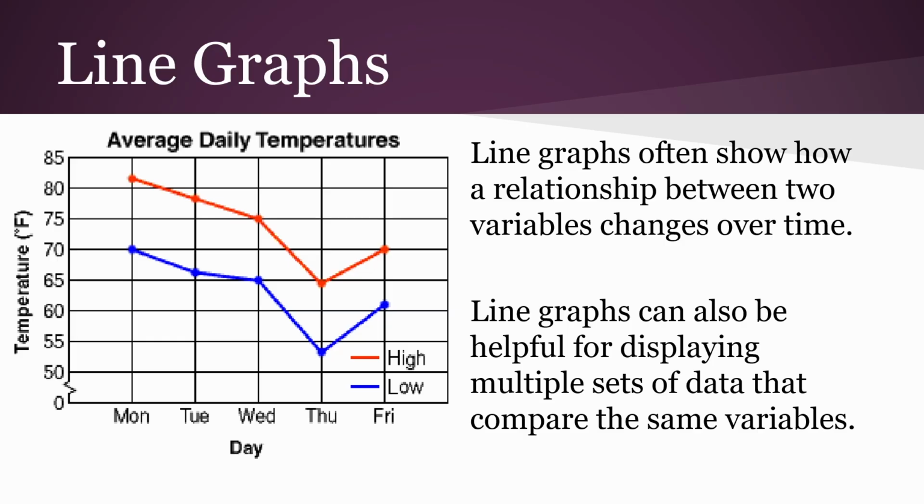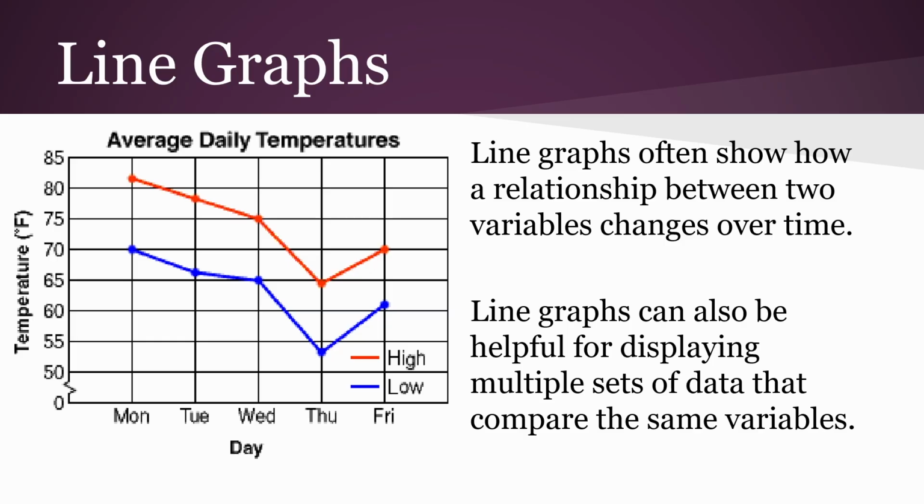Line graphs, they have lines, not the grid, but lines themselves. Not math lines either, because as you can see, these lines don't go infinitely long. Line graphs are useful when we want to show how a relationship between two variables changes over time, which means time is going to be on our lower axis. We'll talk about that. They also display multiple data sets from the same variables. The example here shows the average daily high and low temperatures for Monday through Friday.